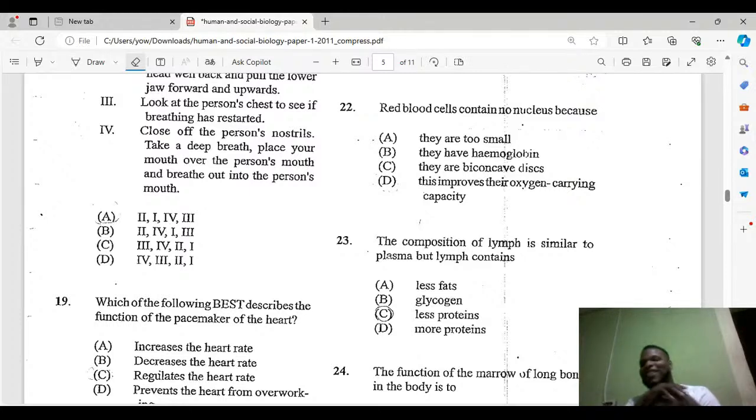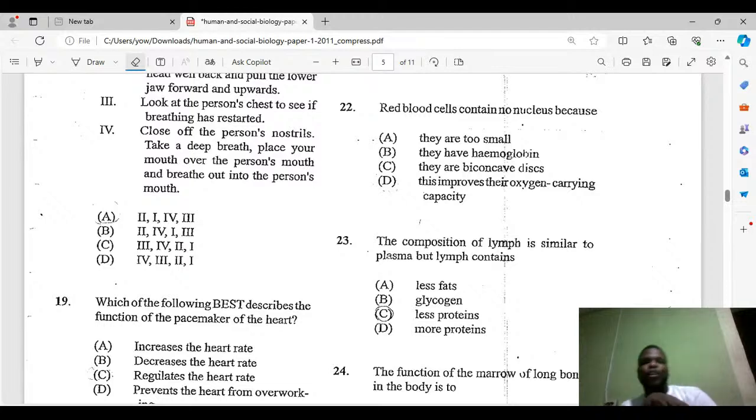The Bowman's capsule is the C shape of the nephron. When the blood travels to the glomerulus, it is pushed out into the Bowman's capsule, and in the Bowman's capsule it is filtered. Amino acid, glucose, and all those things will be filtered from the blood.